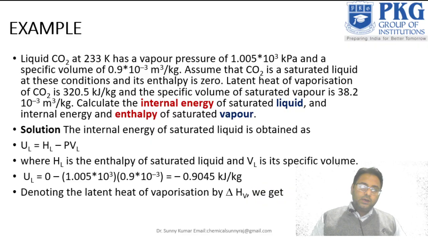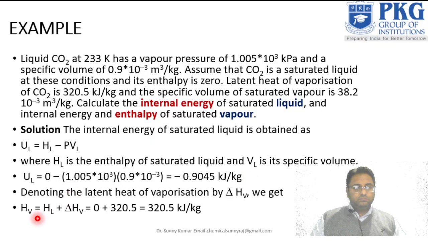And now the latent heat of vaporization, which is delta HV. We get the enthalpy of the vapor as the enthalpy of the liquid plus the change delta H, which is the latent heat of vaporization, already given as 320 kilojoule per kg.